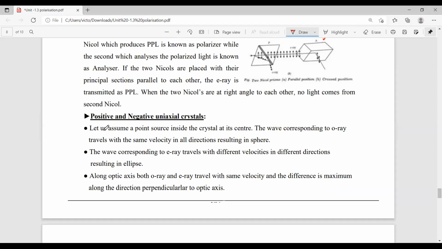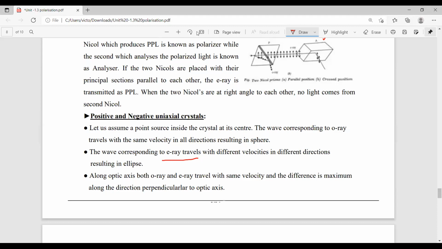Let us assume a point source inside the crystal at its center. The wave corresponding to the O ray travels with the same velocity in all directions, resulting in a sphere. The wave corresponding to the E ray travels with a different velocity in different directions, resulting in an ellipse.